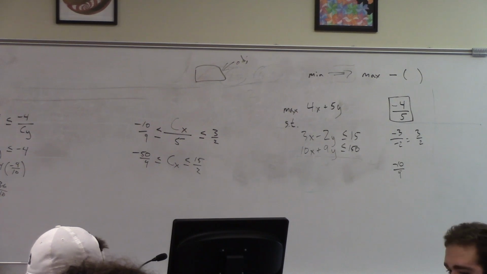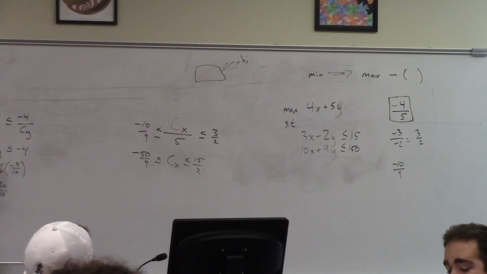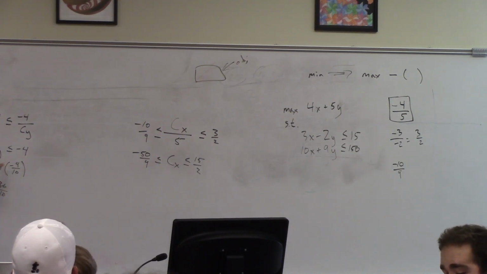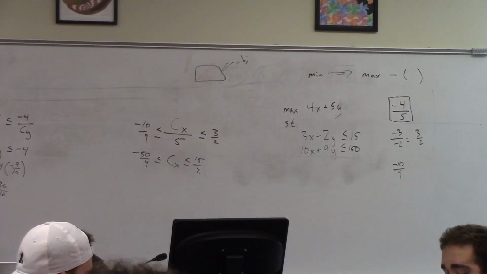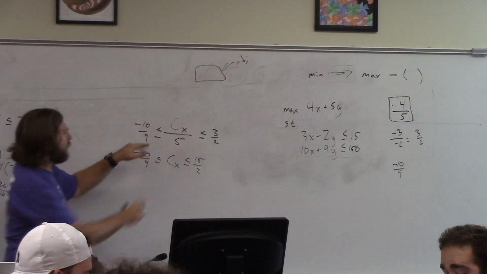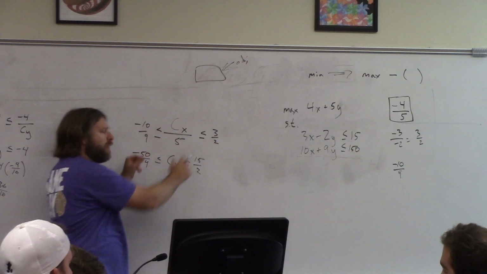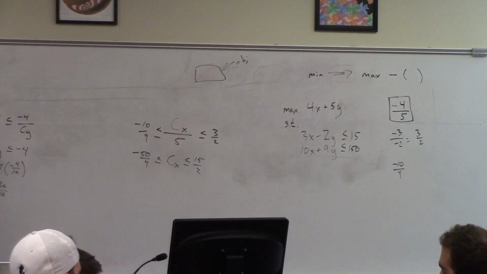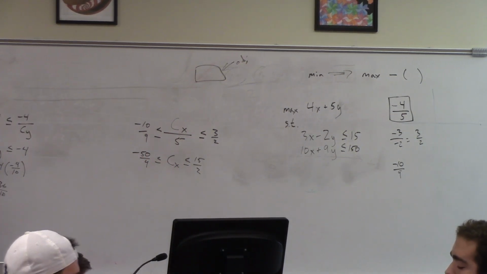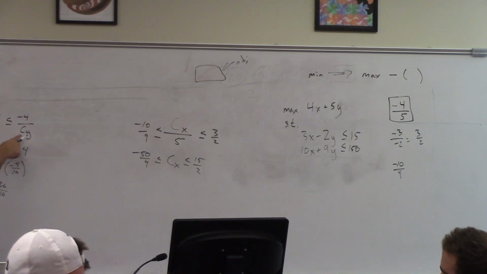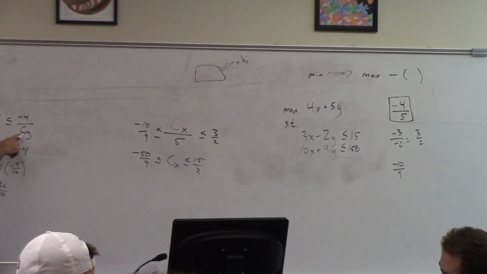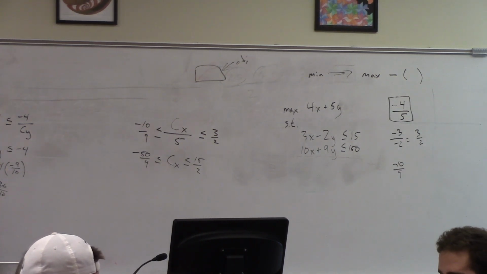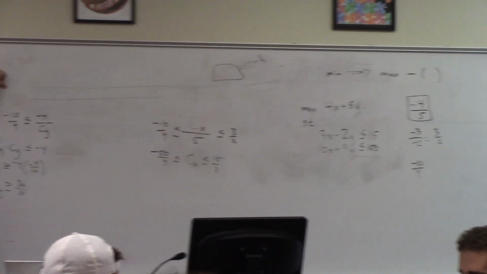Remember, I flipped from less than or equal to greater than or equal because I multiplied by a negative here. And unlike the case where I did both of these at the same time, I only did one side of this range of inequalities because this coefficient is on the bottom. It's just a lot easier for me mentally to do separate steps rather than do it in one step.